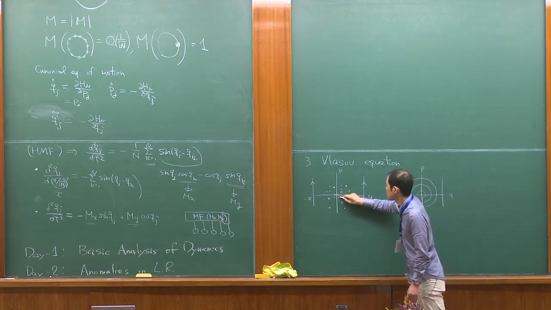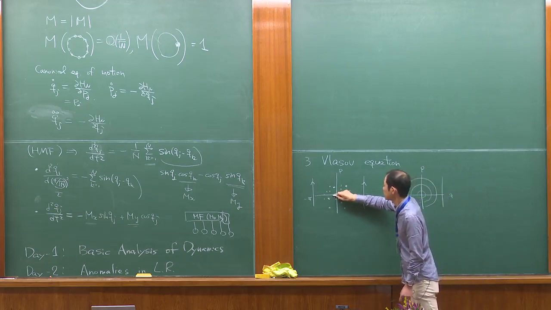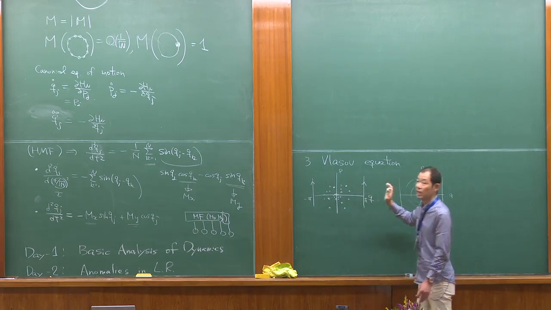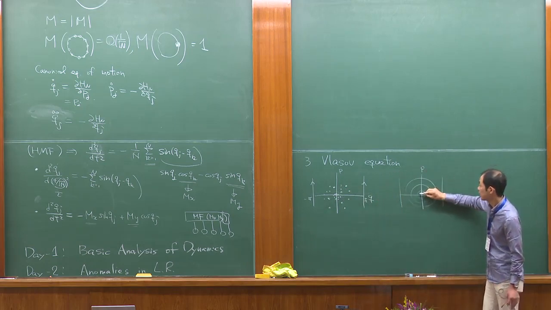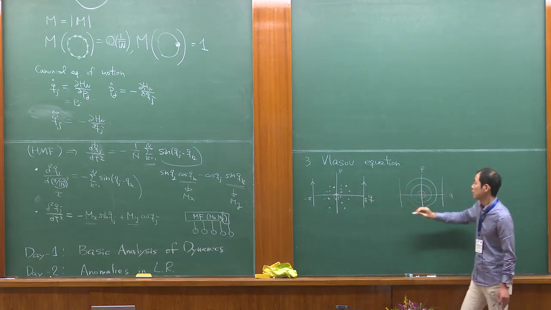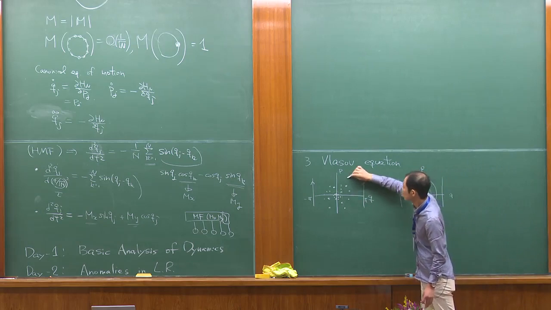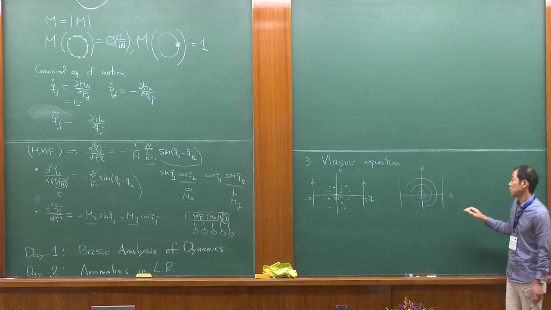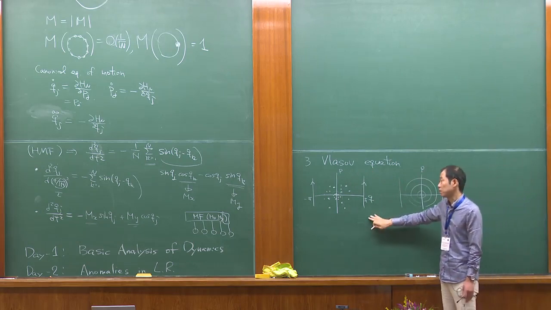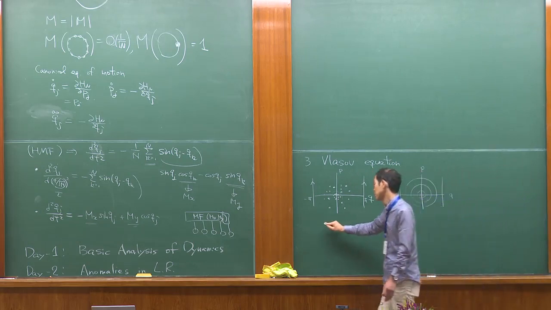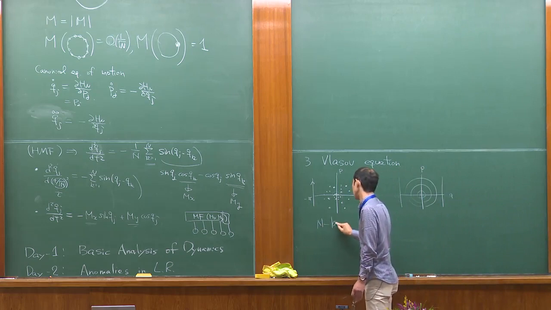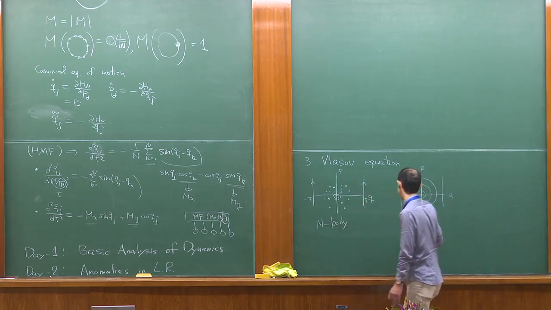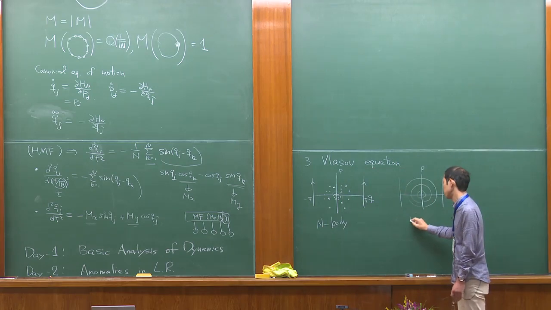In this picture, around here we have the high density, so we have a high density distribution, and here the distribution is very small. So we change the picture from n-body to distribution.